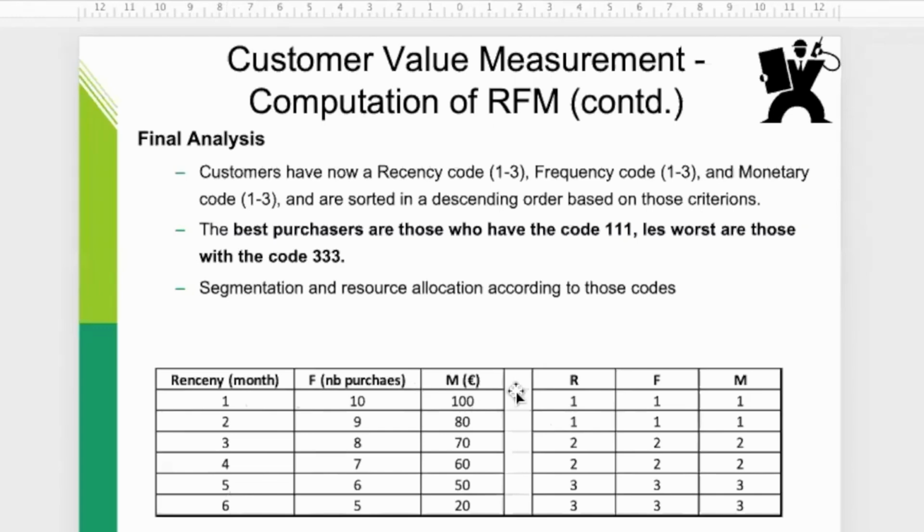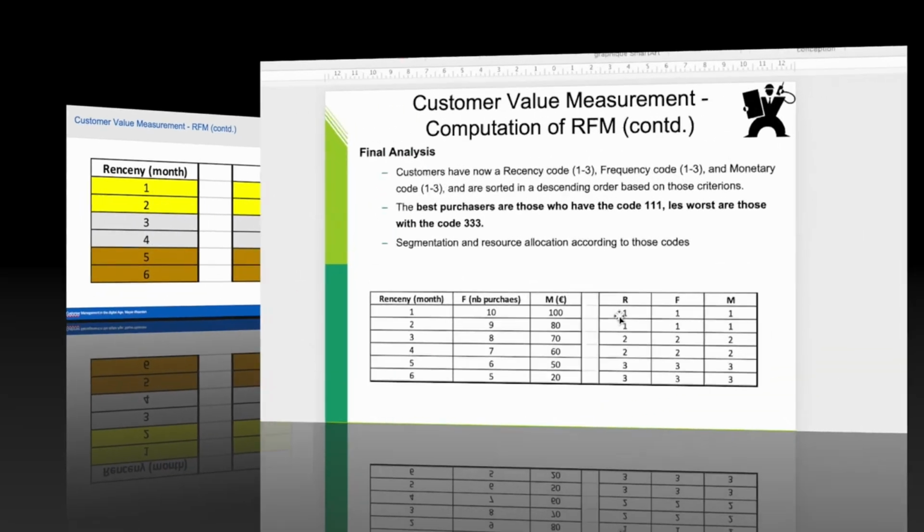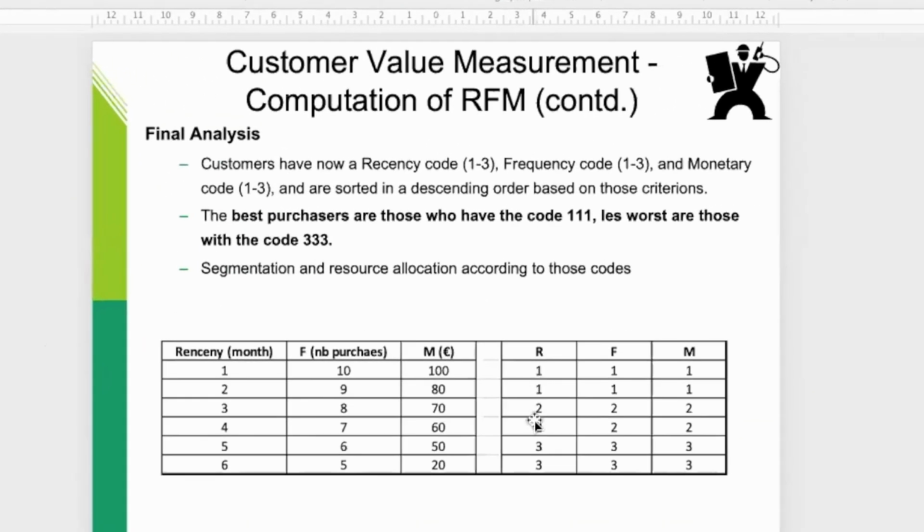And then you assign a score, here on the right side. So 1 for the first 2, who are the best customers, 2 for the medium customers, and 3 for the lowest tier. You have a first score, the first new variable based on recency, with numbers 1, 2, and 3.